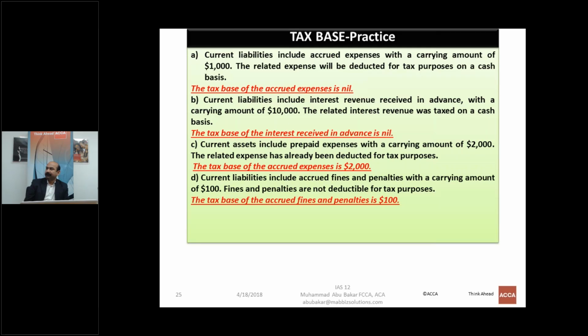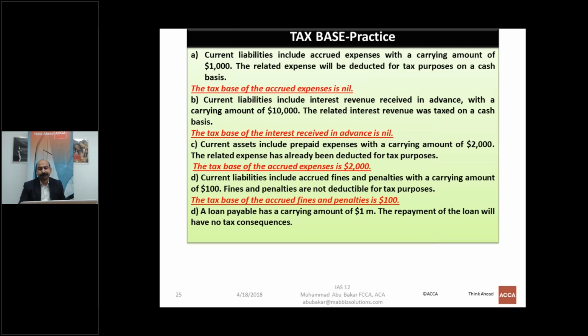And then, a loan payable has a carrying amount of 1 million. The repayment of the loan will have no tax consequences. What is the tax base? 0 or 1 million? Zero. Bobber Hatak 1 million. Shadad 1 million. Sohail 1 million.